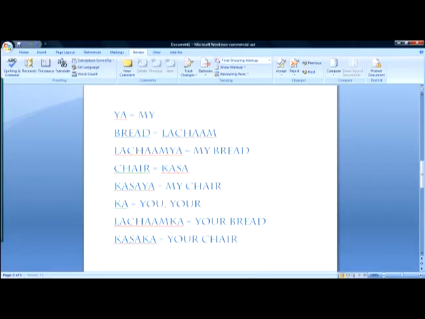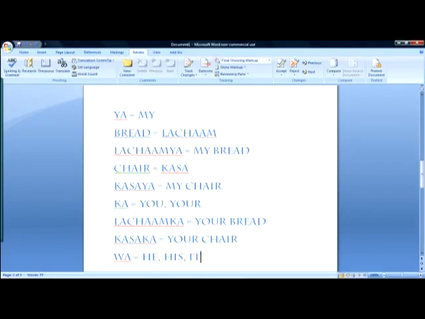Now the next one we're gonna deal with is the letter wa. Now the letter wa at the end of a word means he. It could also mean his, and it could also mean it. I want to show you some examples of that, but if we have a chance at the end of this lesson, I'll go back to this.